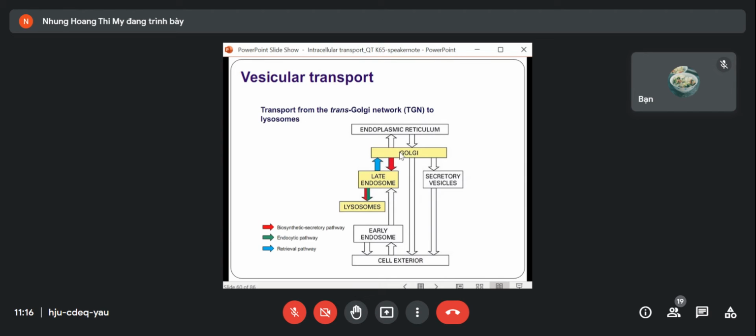So from the Golgi to the other parts of the cell, there are also three types of pathway. The biosynthesis secretory pathway, the endocytic pathway from the outside of the plasma membrane to the endosome or lysosome, or the retrieval pathway from the endosome to the Golgi.